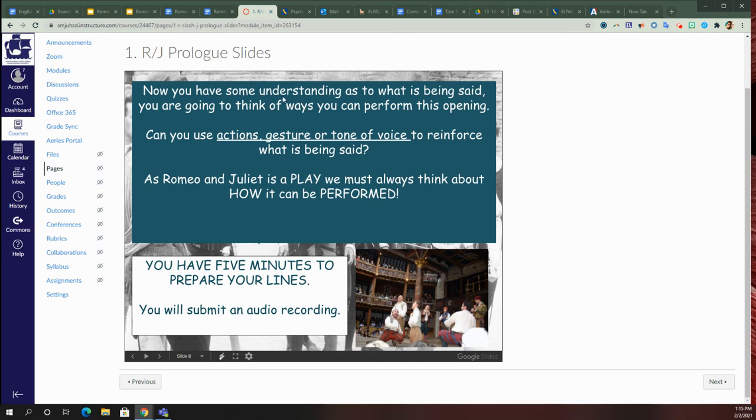So you have seen an example. We have understood what the prologue is saying. And now you are going to work with a partner to prepare your own interpretation of this prologue.